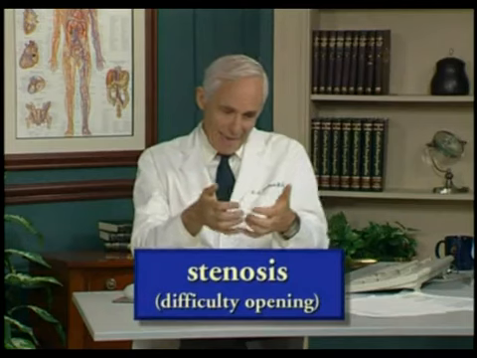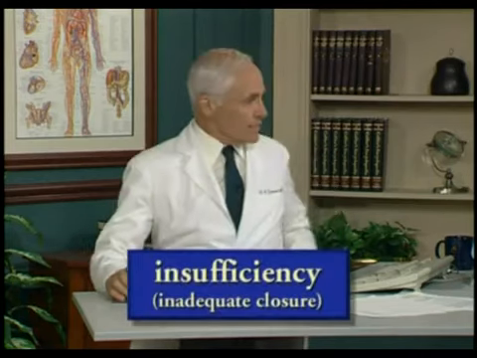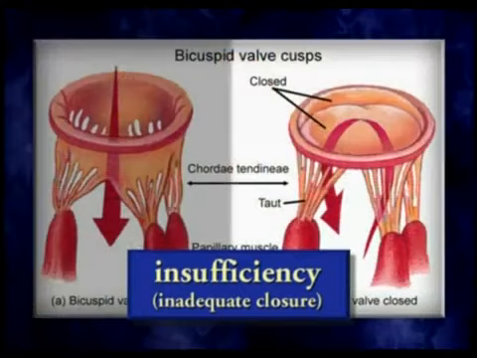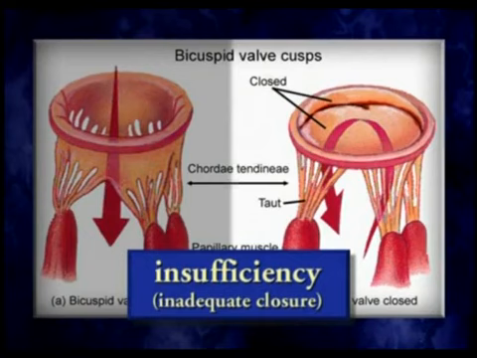Here's the valve in the aorta. Here's the valve on the right side, and the valve on the pulmonary artery going back out to the lungs.